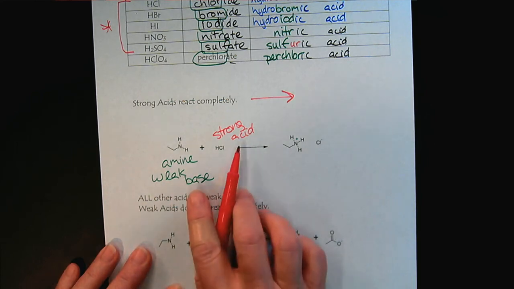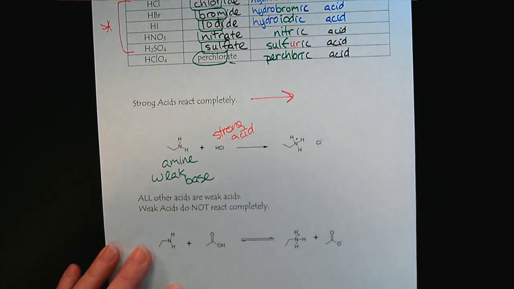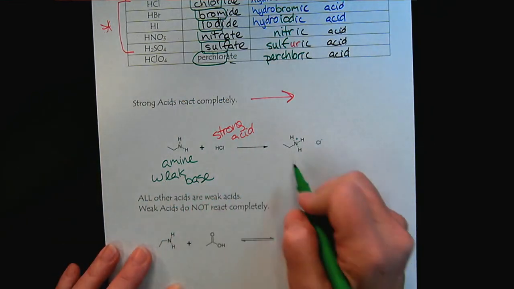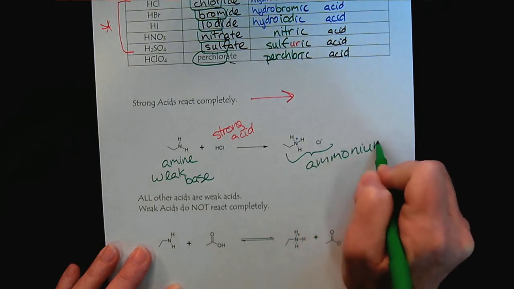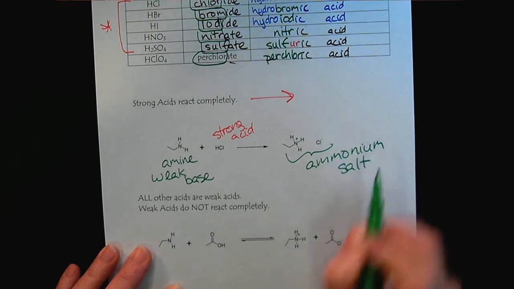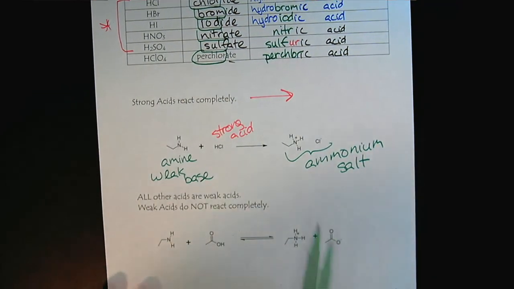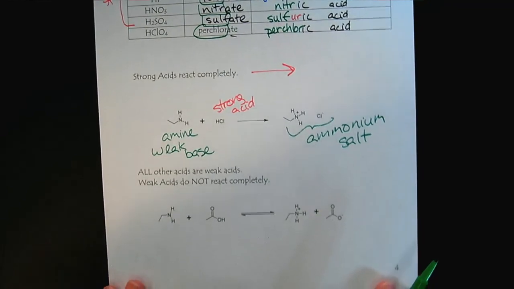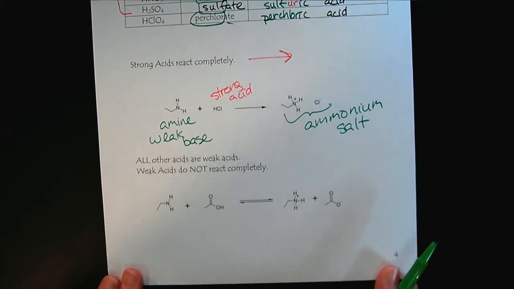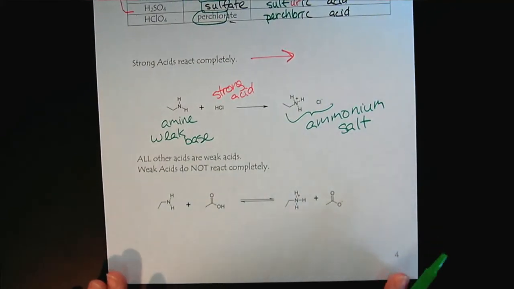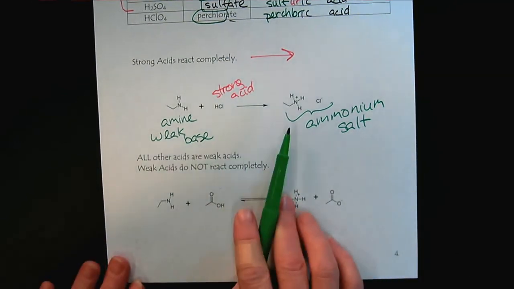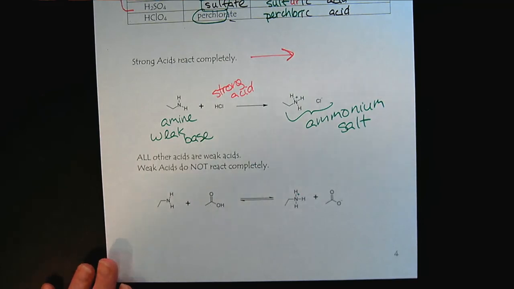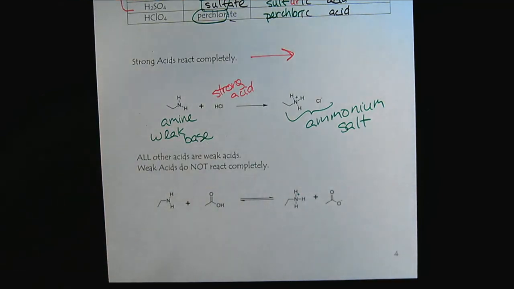As long as one of them is strong, we get the complete reaction. And in this case, we form the ammonium salt. We'll study this chemistry a lot more because it creates water solubility, and we'll learn that amines are very biologically active. A lot of drugs and medicines are amines, and so we will explore this chemistry quite a bit in the future.